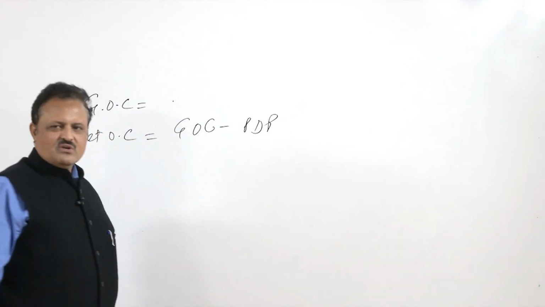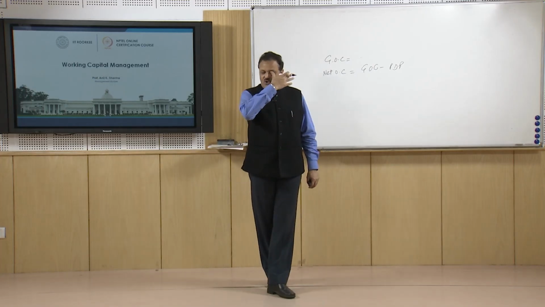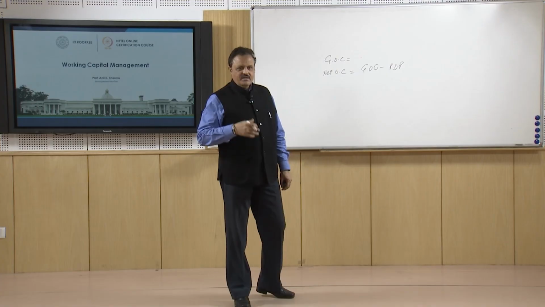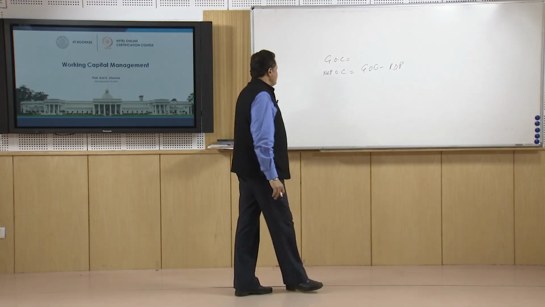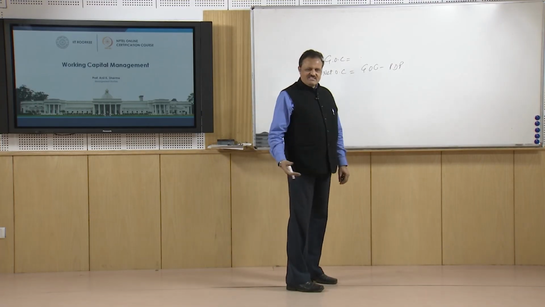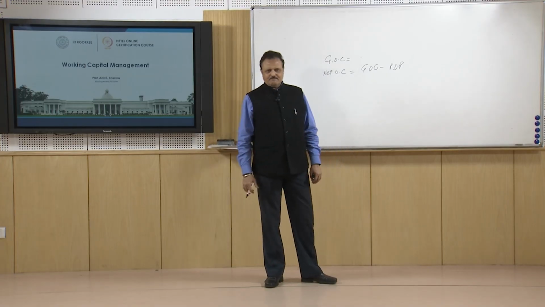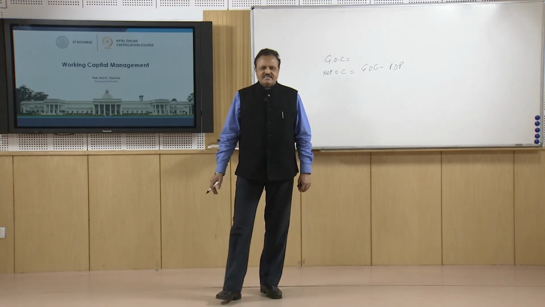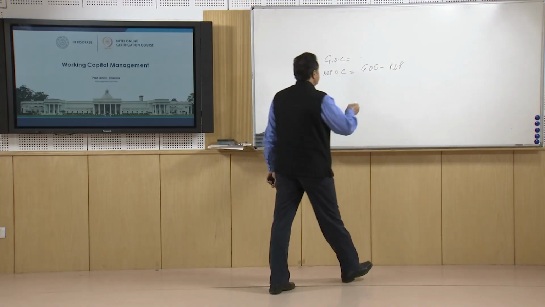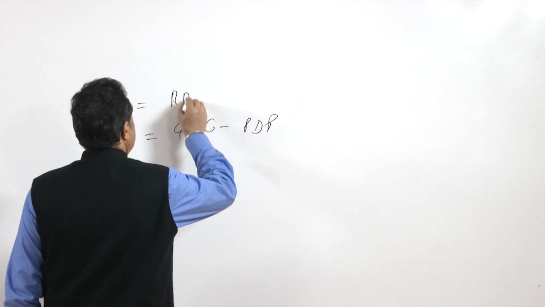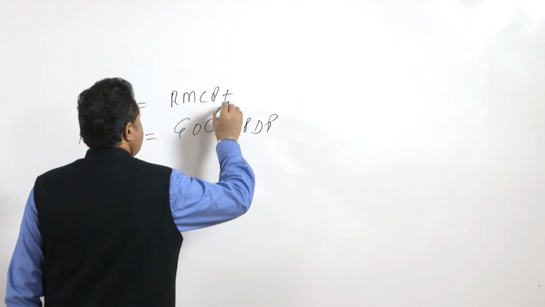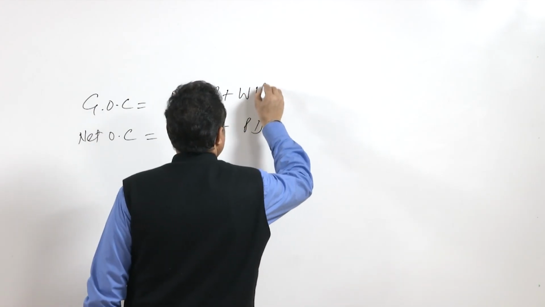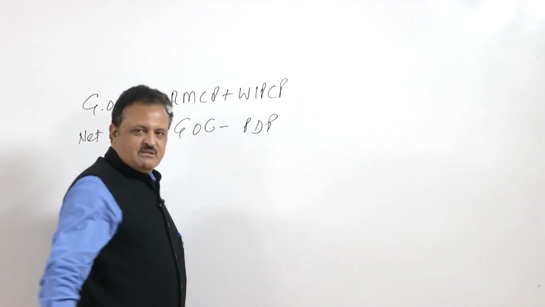And here, GOC is the sum total of the 4 stages which we saw in the previous slide. We have the 4 stages of total investment of cash and recovery of the cash. First stage is the raw material conversion period, RMCP, plus WIPCP, work in process conversion period.